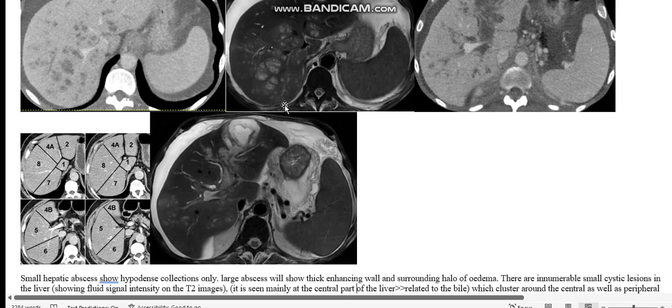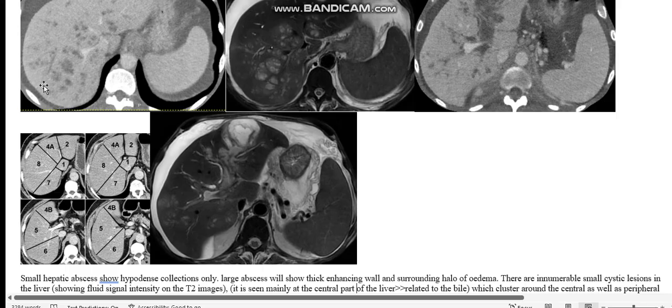It is seen mainly in the central part of the liver. Okay, so these lesions are seen mainly in the central part of the liver.